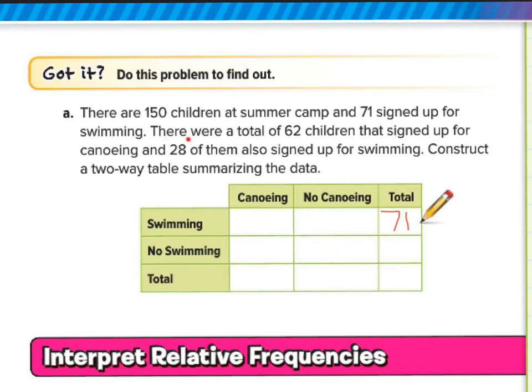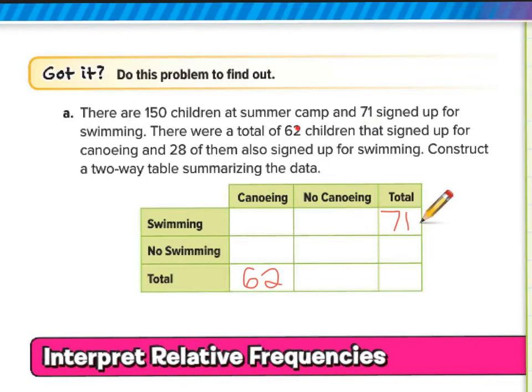They're telling us there were a total of 62 children that signed up for canoeing. So I have to put that total down here, if that makes sense to you, right? Total of canoeing were 62.